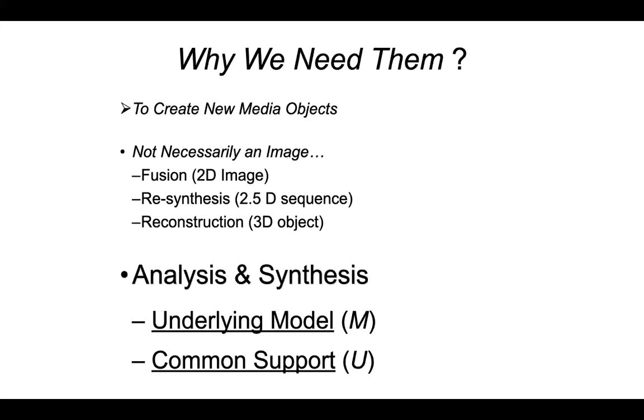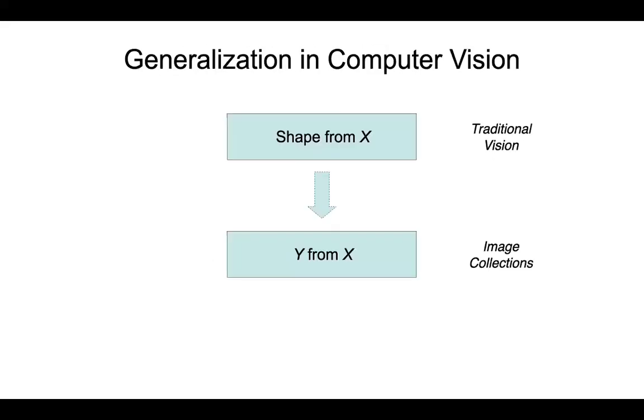And for that, we need to do analysis and synthesis, right? And there are two other aspects. We need to have a common support U for all these images in the collection, and we need to have an underlying mathematical model that exploits the affinity relation, right?